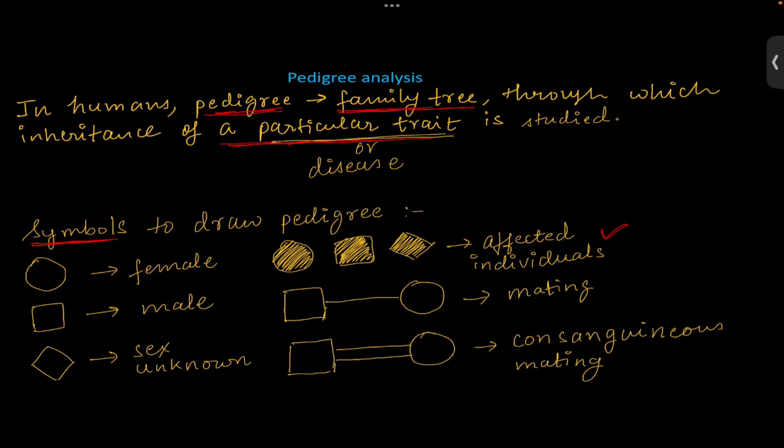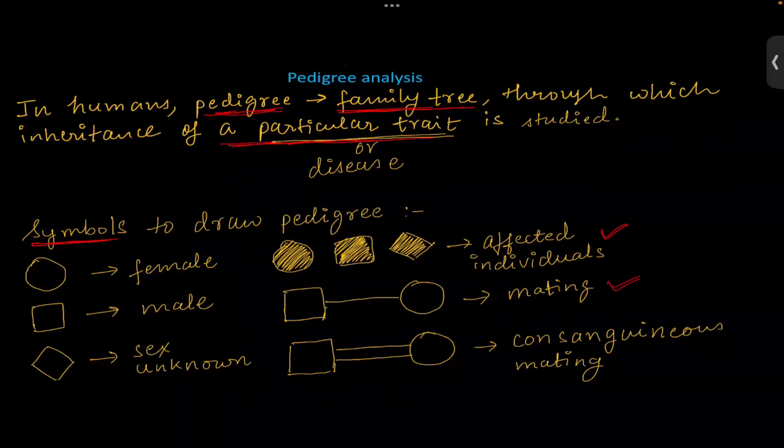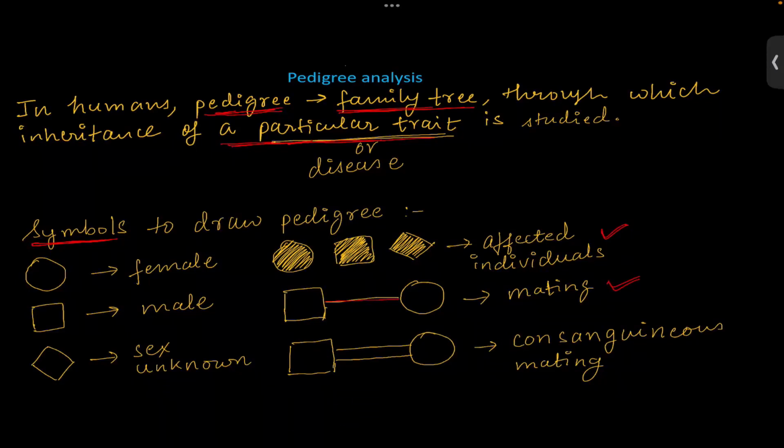Those who are not affected are not filled. Then, if we want to show that two individuals have married and mated, we show it through a line like this. And if two cousins within the same family have married, that is called consanguineous mating, and we show it with a double line.